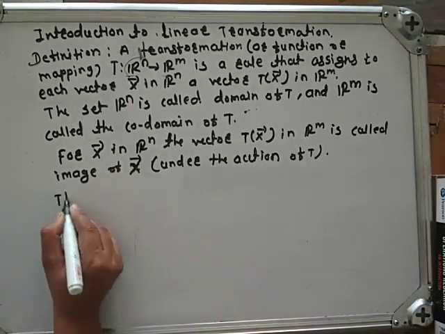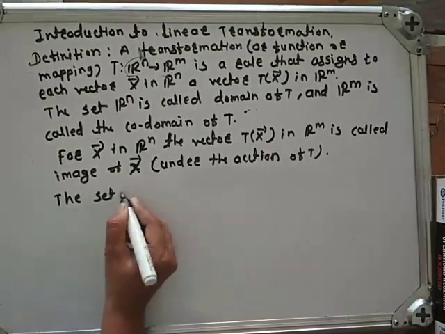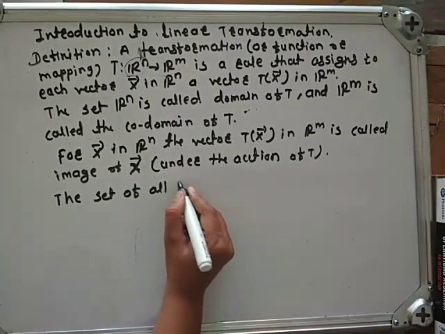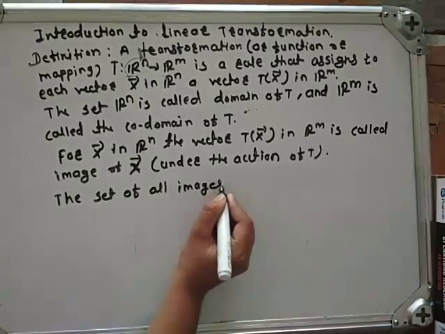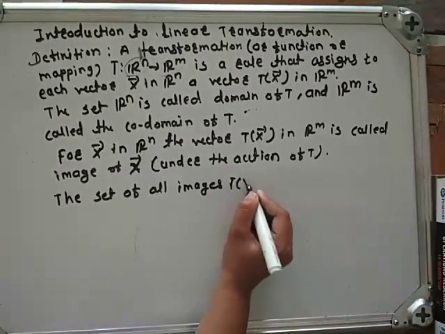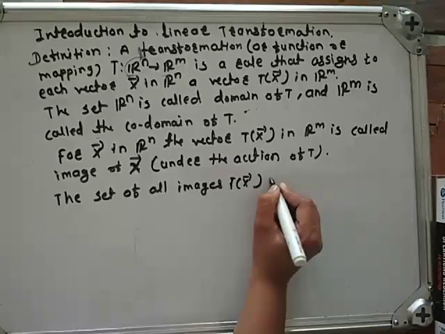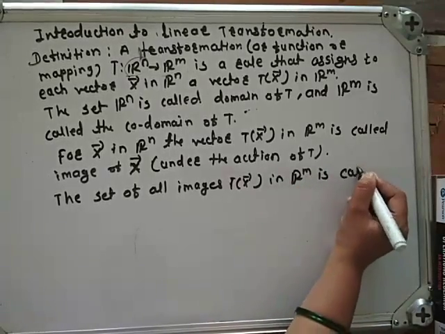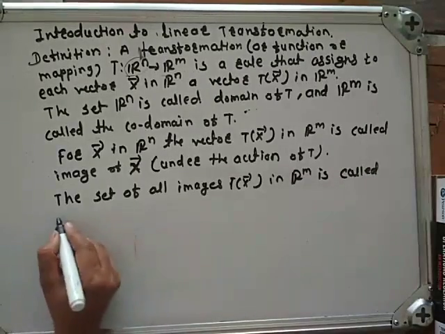The set of all images T of x bar in Rm is called range of T.